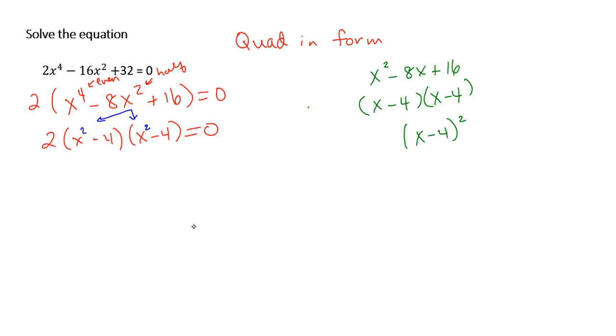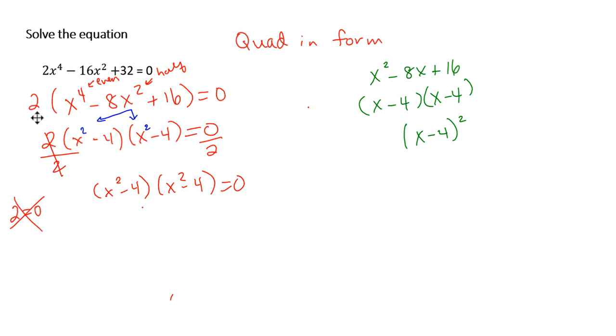Now this 2 over here, you can think of it in 2 ways. You could divide everything by 2, which cancels those, and you still end up with x squared minus 4 equals 0. Either way. Or you can just think about it, if it was a factor, then my equation would look like that, and that doesn't even make sense. 2 is not equal to 0.